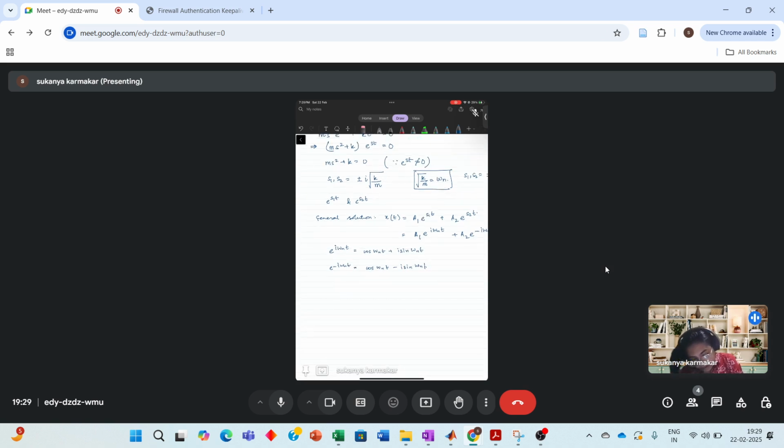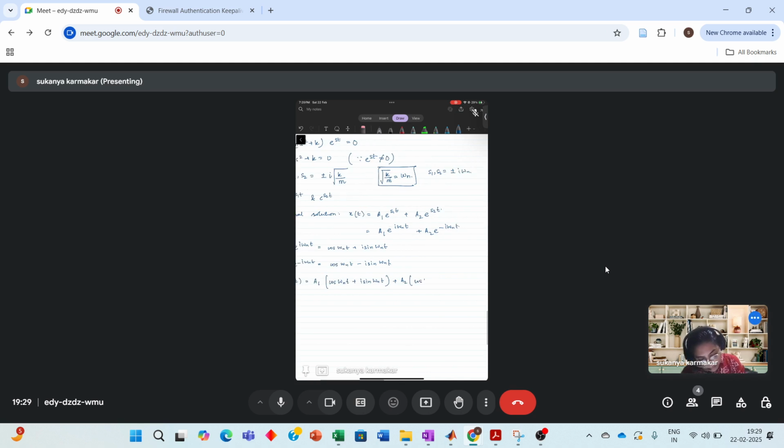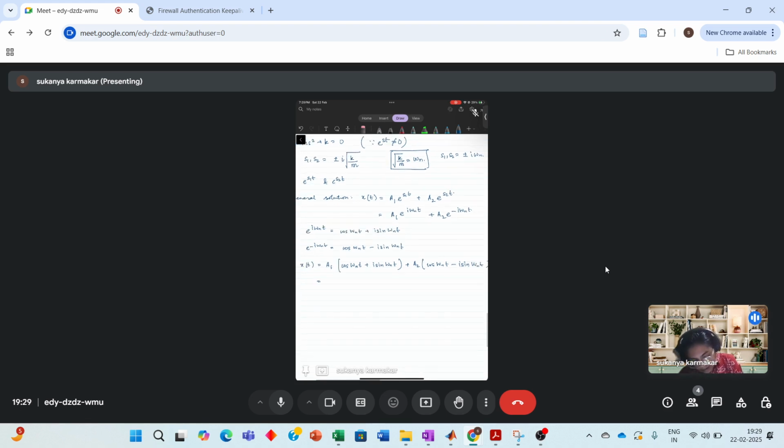Just substitute it back here. So x of t is a1 times cos of omega n t plus i sine of omega n t, plus a2 times cos of omega n t minus i sine of omega n t. Now let's collect the cos omega n t term.